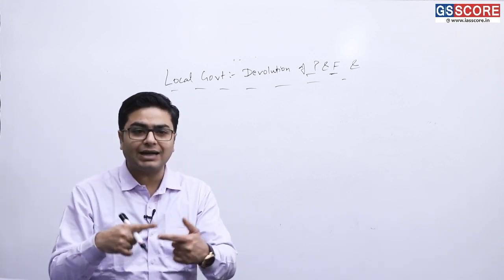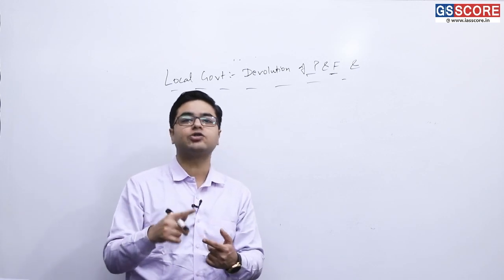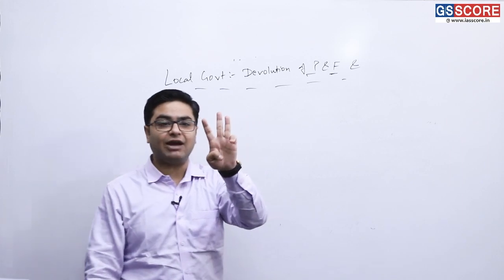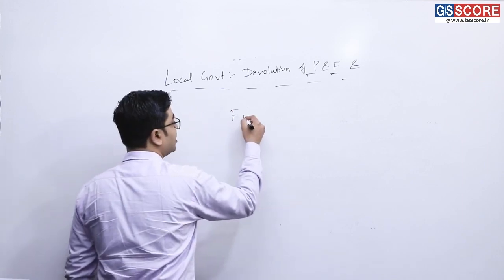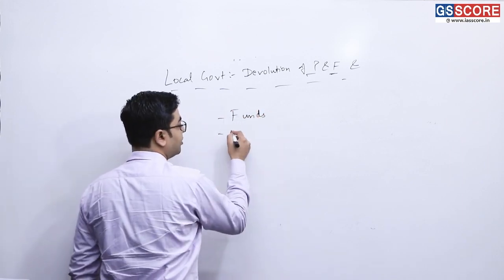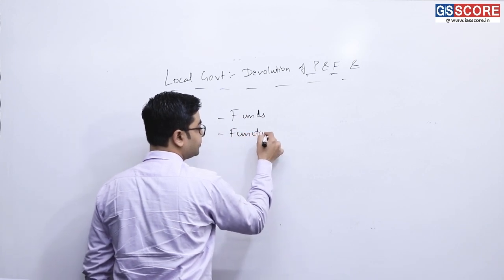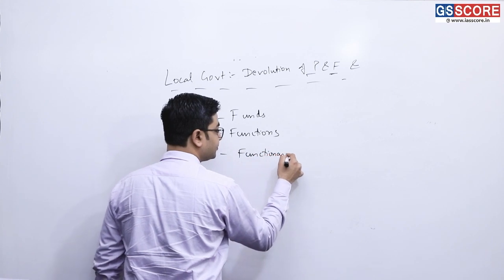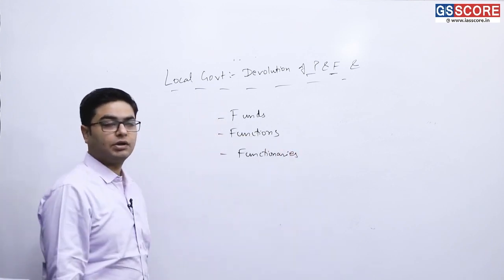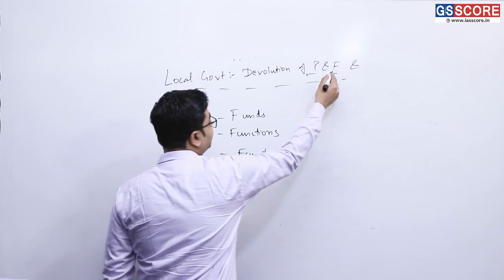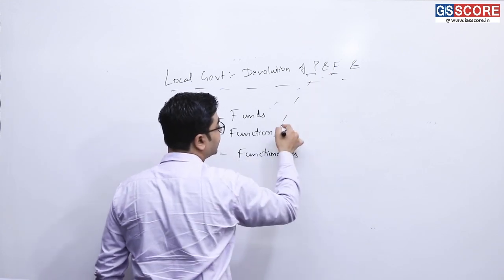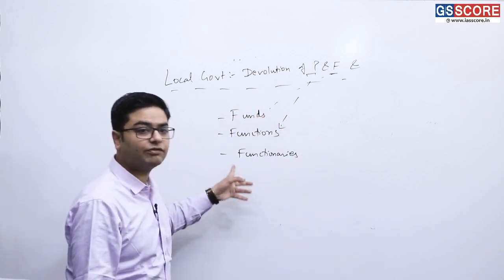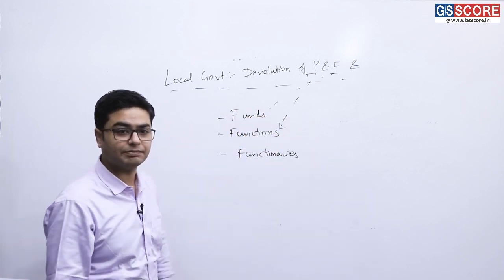If we look at the trajectory of previous years' questions, they reflect around 3 F's, that is funds, functions, and functionaries. Funds as in finance, function is closely related to power, and functionaries are those who work as part of the broader system.